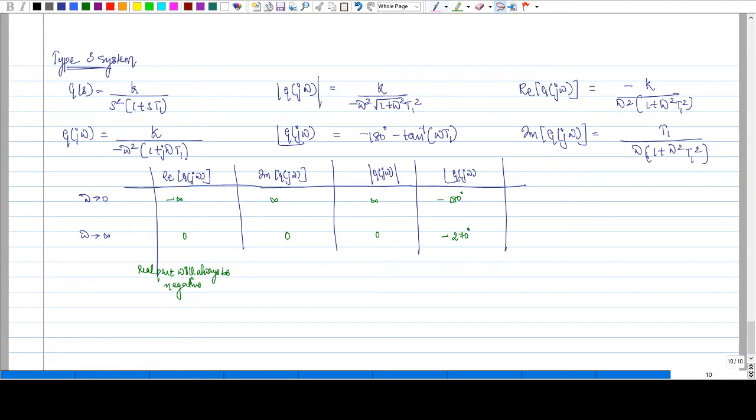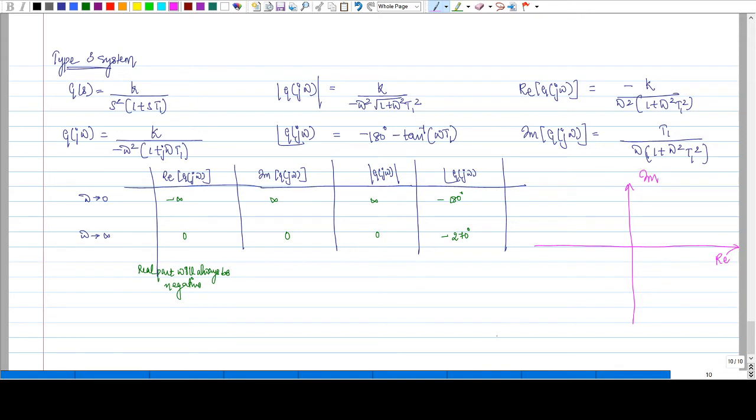Here we will draw the polar plot, with real part and imaginary part axes.